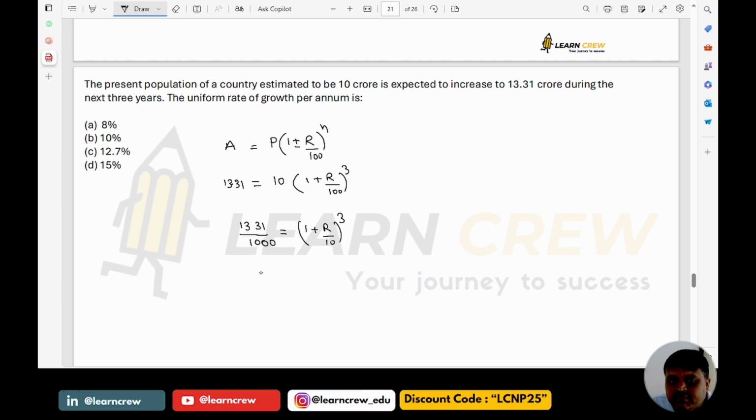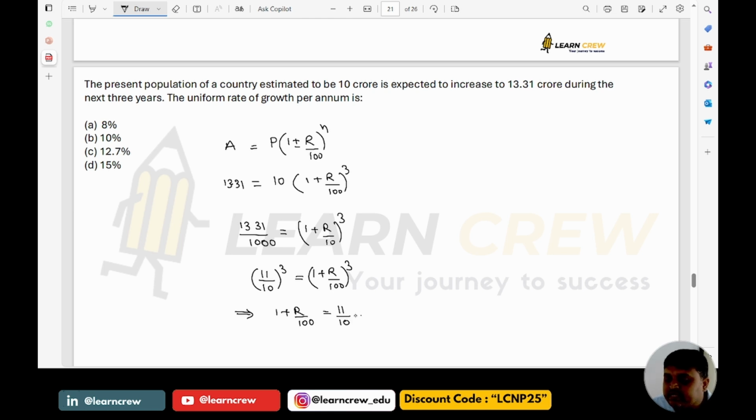So it is nothing but (11 by 10) whole cube, since 11 cube is 1331 and 10 cube is 1000. From this I can say 1 plus R by 100 is equal to 11 by 10.